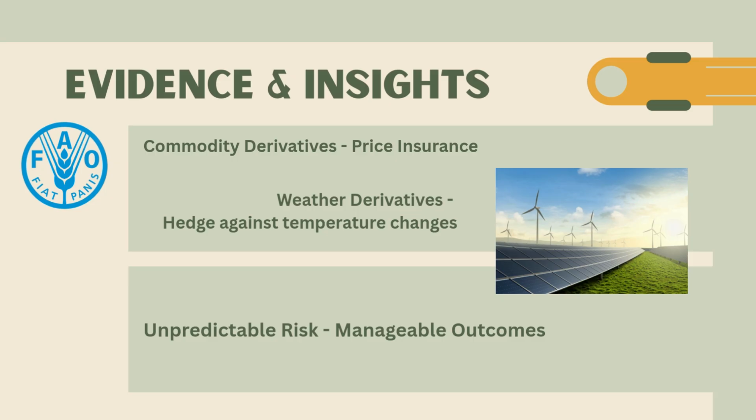Some pilot programs in sub-Saharan Africa have also experimented with weather index insurance for farmers. What struck me most is that derivatives are not just abstract financial tools. When designed with purpose, they can become a lifeline for vulnerable populations. They transform unpredictable risks into manageable outcomes.